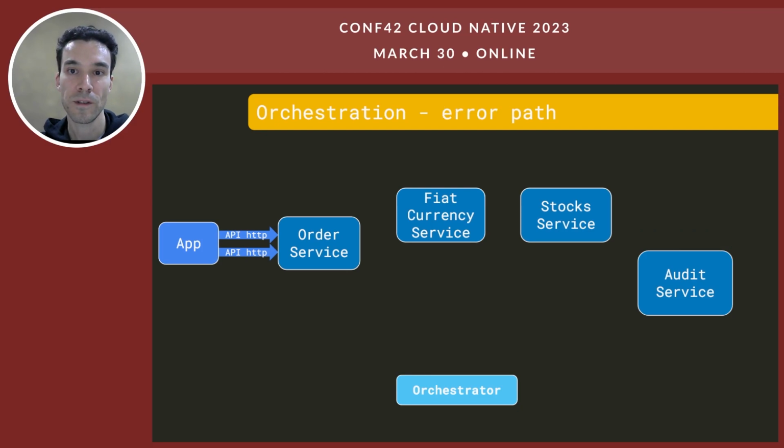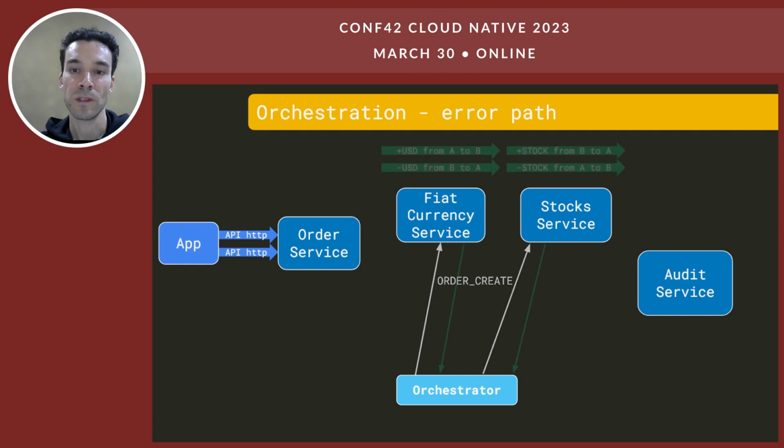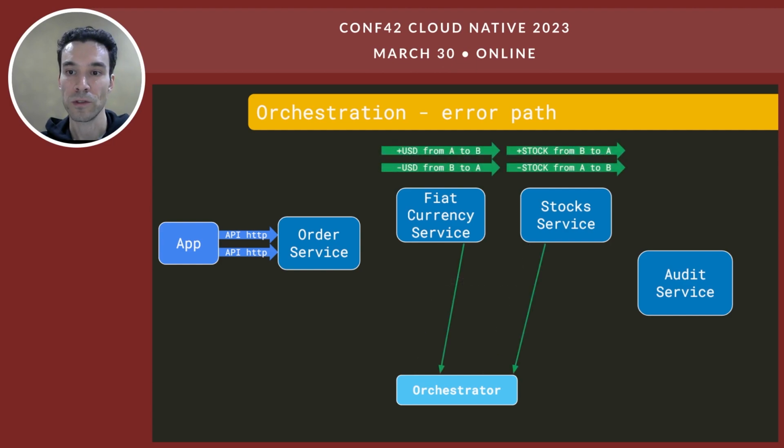And for an error scenario, let's review this example. Again, the order service will emit an order create event. The orchestrator then notifies both of our currency and stock services to perform transfer operations. Once complete, both services report back to the orchestrator that everything is okay.